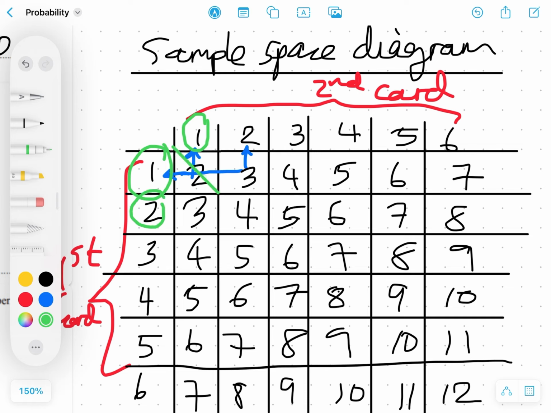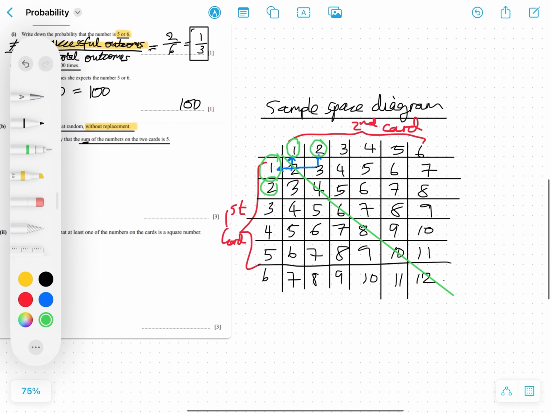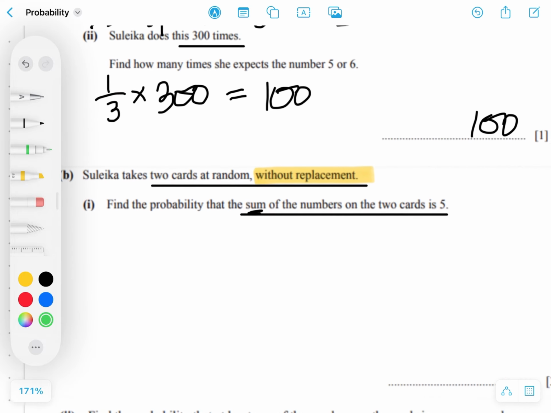Similarly, if she chooses a 2 on the first card, she can't choose a 2 again on the second card, so it's impossible to obtain a 4 in this way. This pattern repeats throughout the whole sample space diagram, and all of these diagonals are removed because you cannot have 2 of the same cards chosen. So now we can start to work on solving the problem.